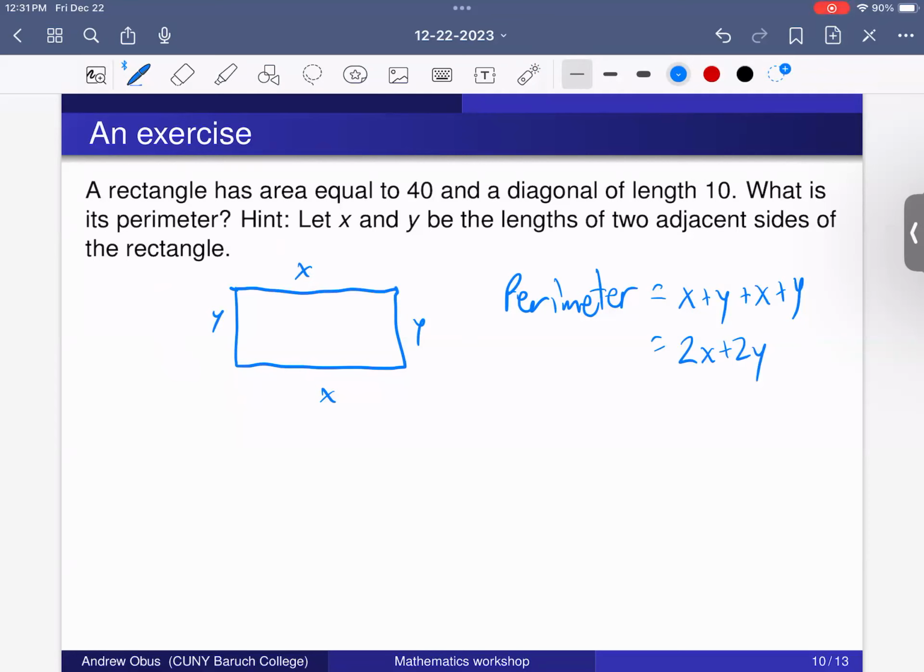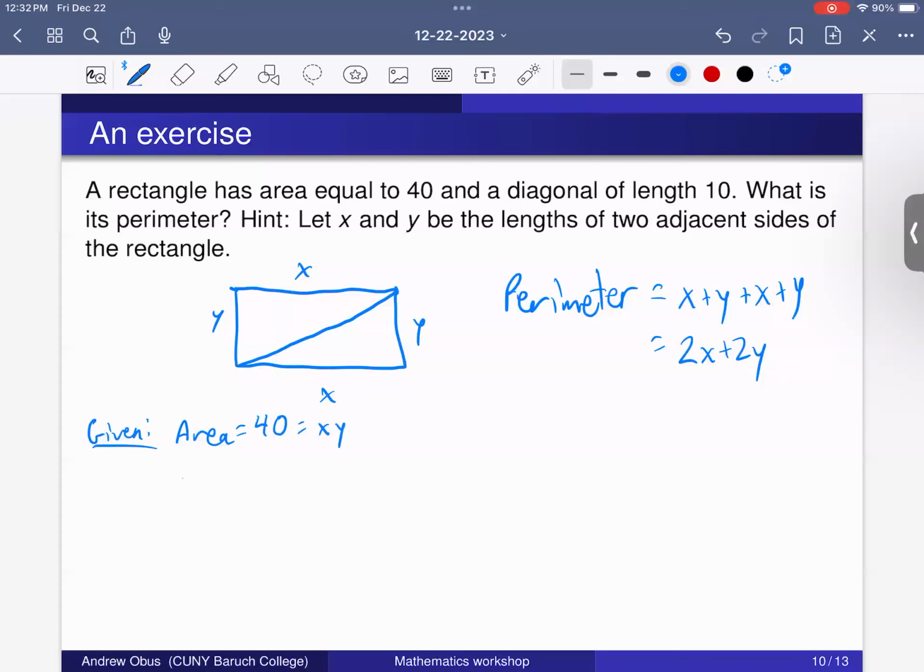This question gives you a diagonal, so you may as well draw the line that the question refers to. So that's the diagonal. What are we given over here? We're given that the area is equal to 40, and our area formula is given by xy.